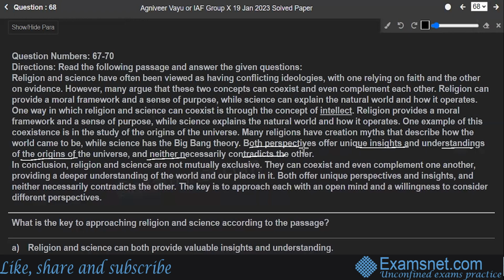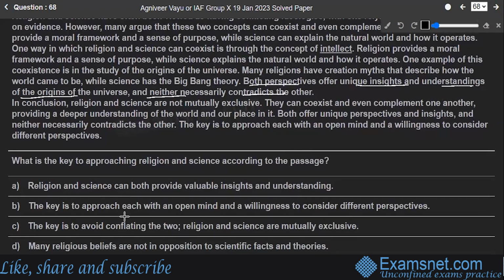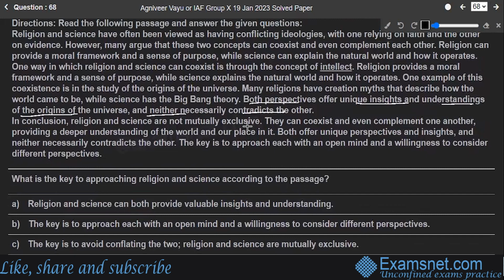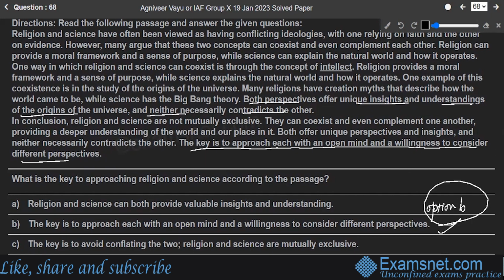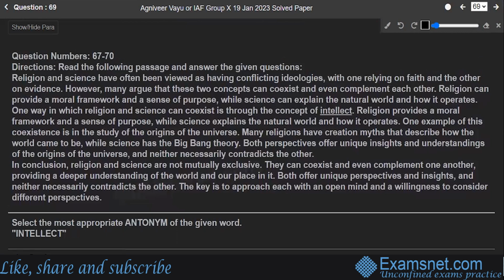Based on that, the key is to approach each with an open mind and willingness to consider different perspectives. Over here: the key is to approach each with an open mind and a willingness to consider different perspectives. So we have option B as the answer, right? Hope you understood.